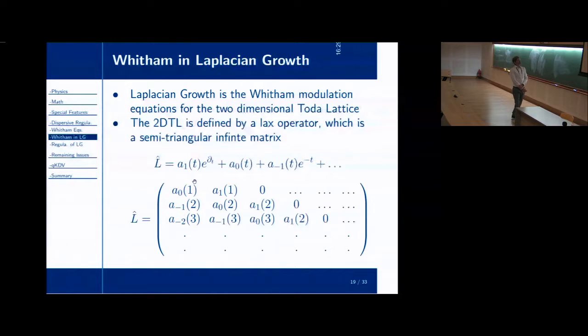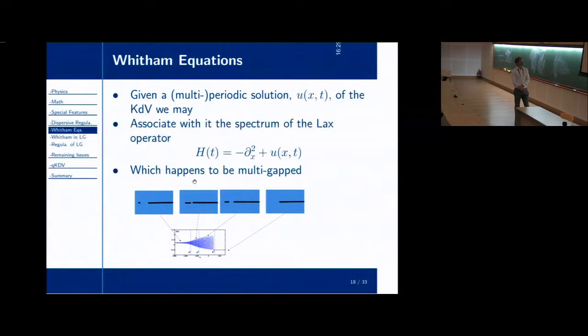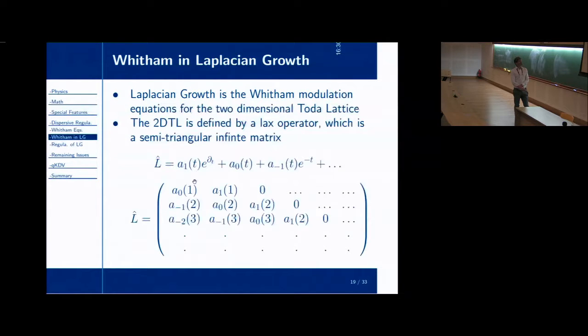Okay, so what replaces this Hamiltonian, the Lax operator, for the two-dimensional Toda lattice? Here we had this Lax operator for the KdV equation. Now we have a much more complicated Lax operator, which is a huge matrix of this form and can be written in this way. But the idea is the same. One takes this operator, finds its spectrum.